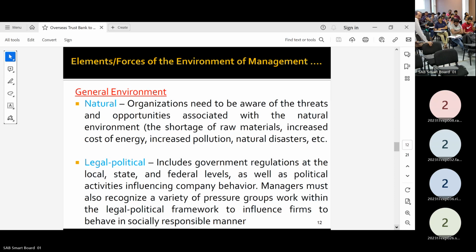Then there are different influences coming as raw material shortages, increased cost of energy, increased pollution, natural disasters, all highly visible today by the entire world.